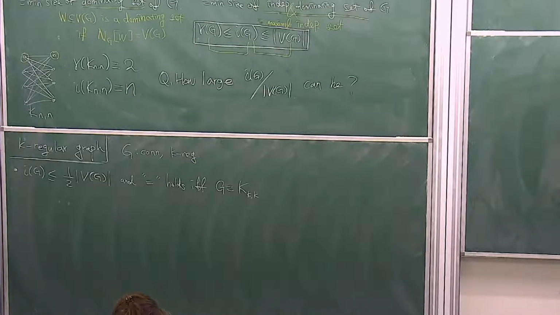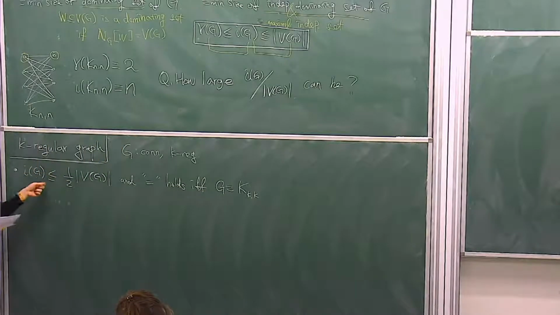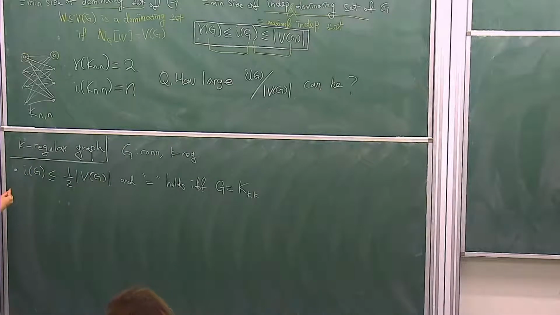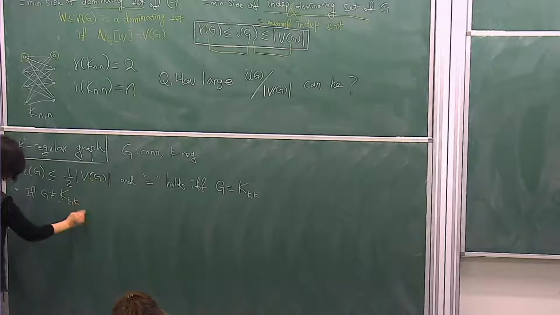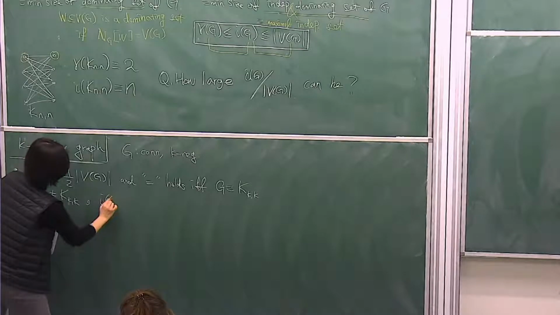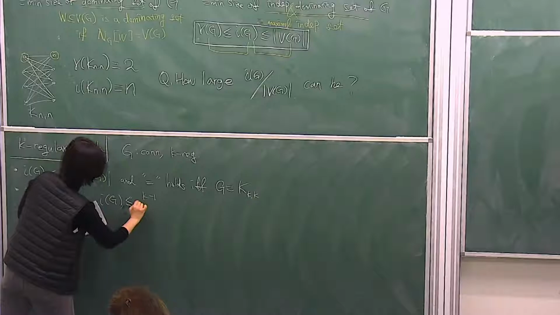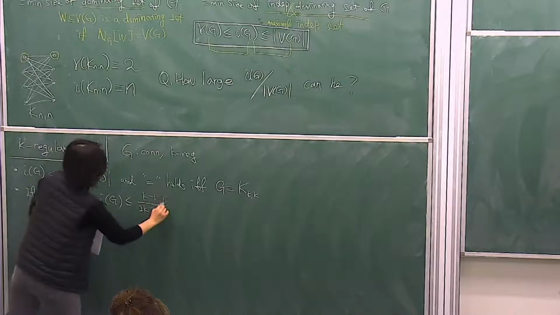Because there is only one graph which achieves this bound, people asked what happens if we forbid this graph. So if G is not this graph, then i of G is bounded by this constant times the number of vertices.